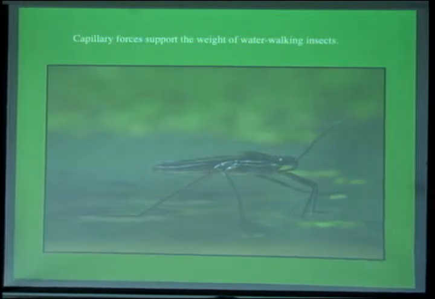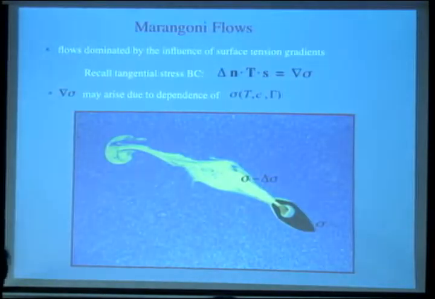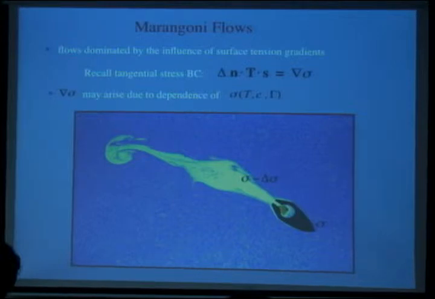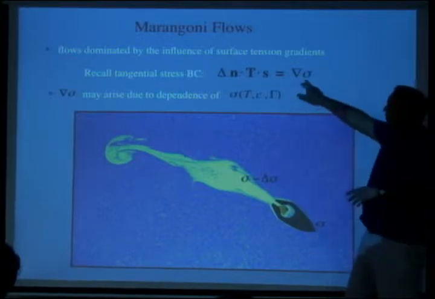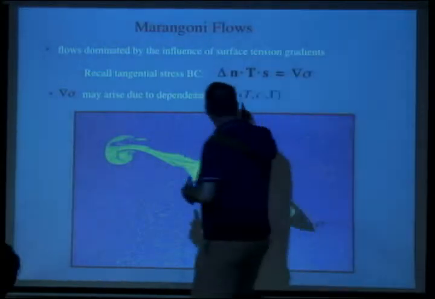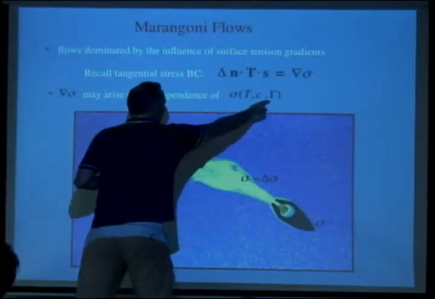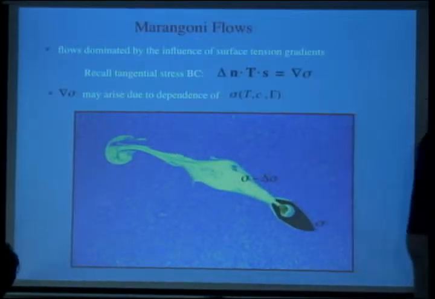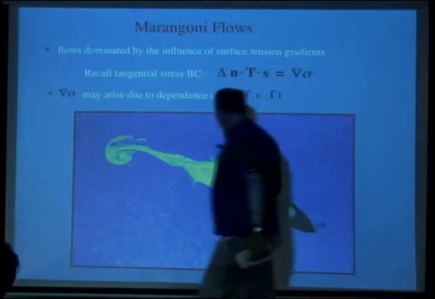And so this is basically an indication of the normal stresses generated by deforming a free surface. And the second is, again, these Marangoni flows. So we have this jump in tangential stresses prescribed by the Marangoni stress. Can be temperature, concentration, and that's surfactant concentration. And so this is a soap boat.